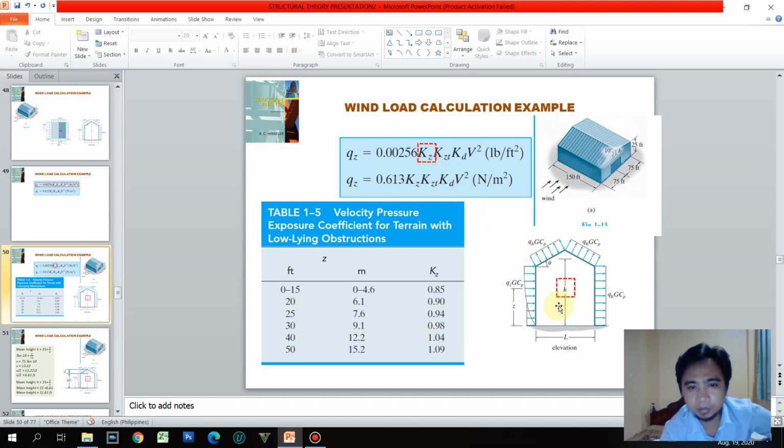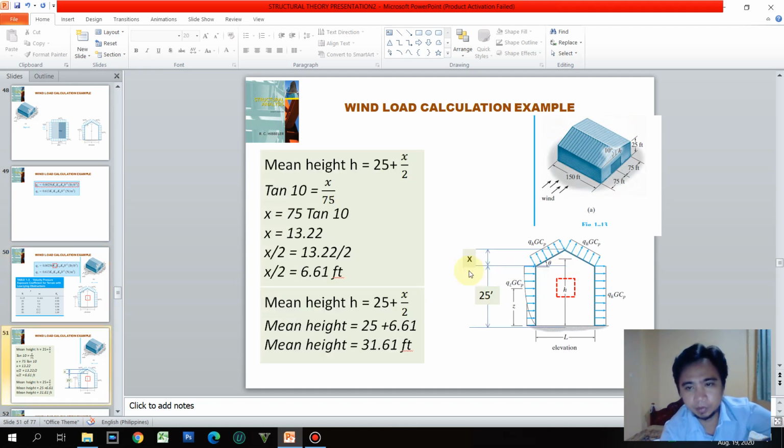We need to know what h is so that we can derive Kz. What is h here? The mean height, as I have said, is the sum of the column height here plus half of the height of the king post.